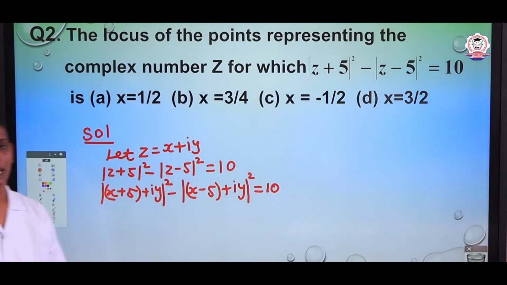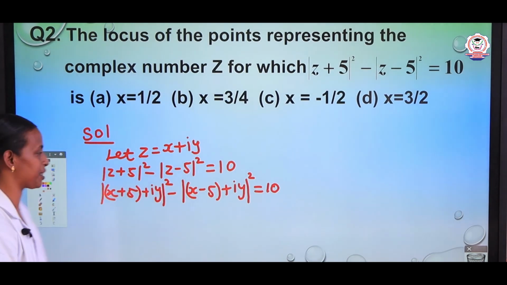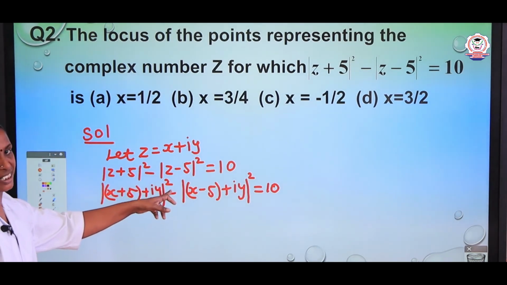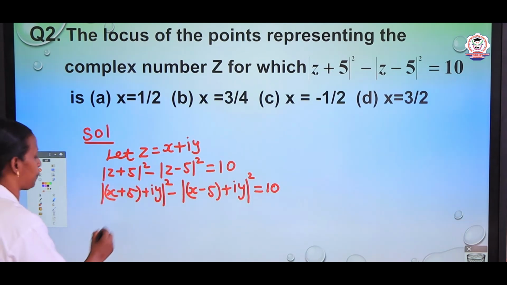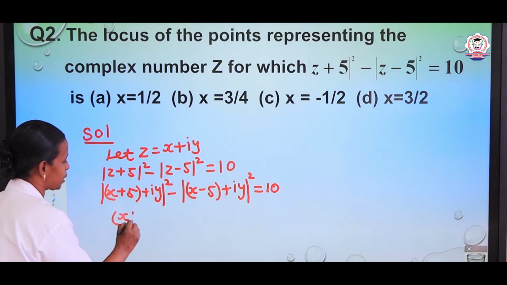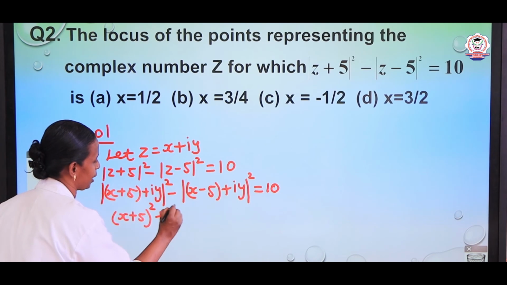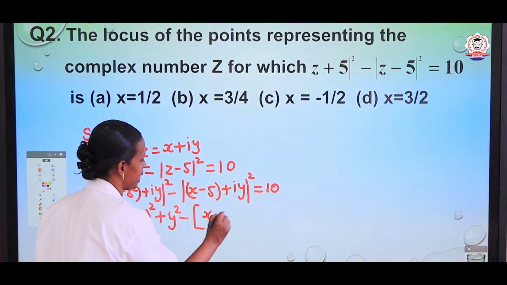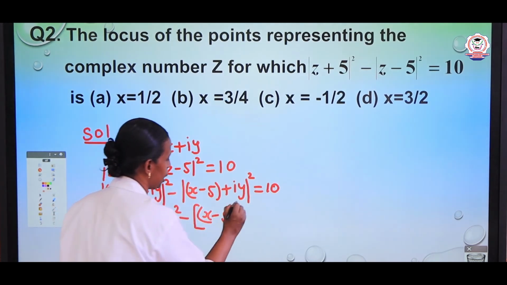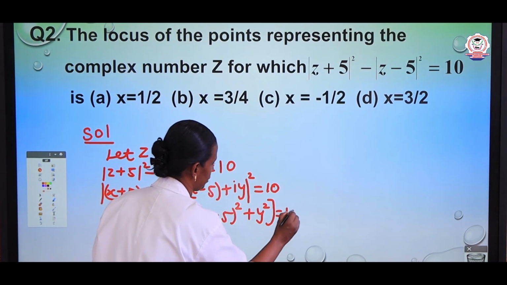We know very well modulus of Z is the square root of real part square plus imaginary part square. Here modulus whole square is there, so we just omit the square root and write real part square, x plus 5 the whole square, plus imaginary part square, y square, then minus of real part x minus 5 the whole square, imaginary part y, so y square, equal to 10.